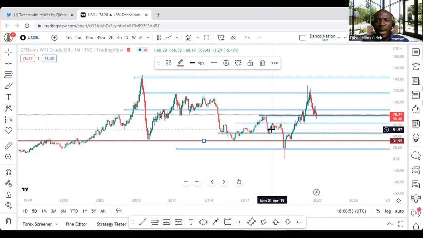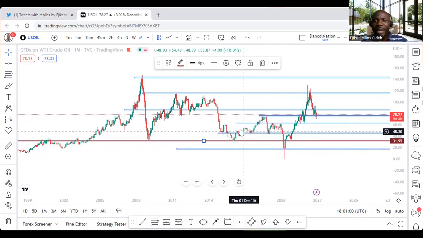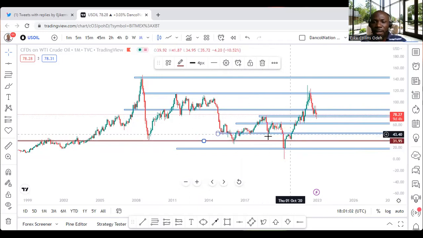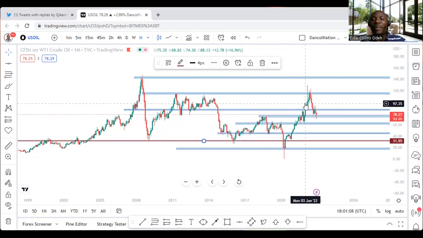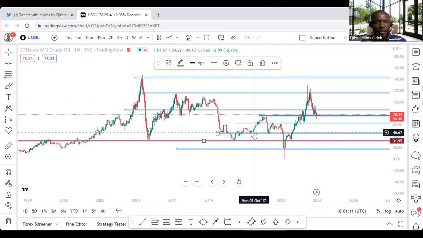As the price went up, it got to this level, came down, and as it met this level here, this is another double bottom, so it also took the price up again.